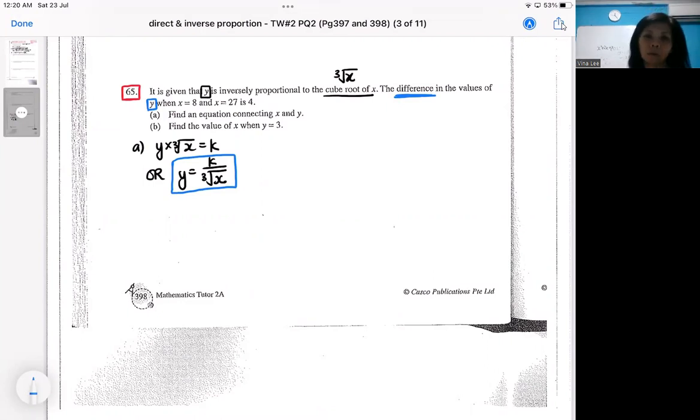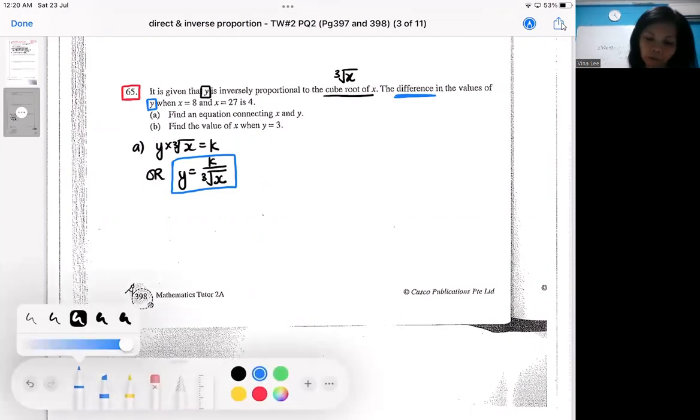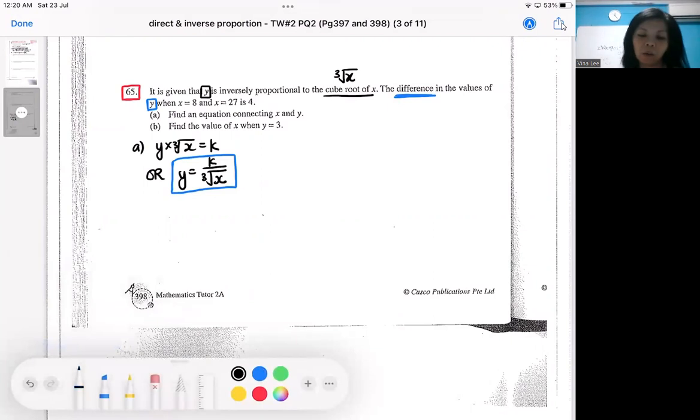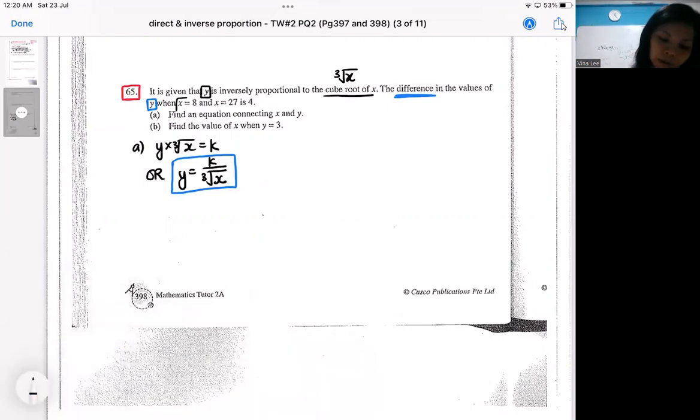Okay, so how are we going to find out what is the y value that we're subtracting? So for example, like this. So when x is equal to 8, it will give you a y value. So it actually gave you a half k.